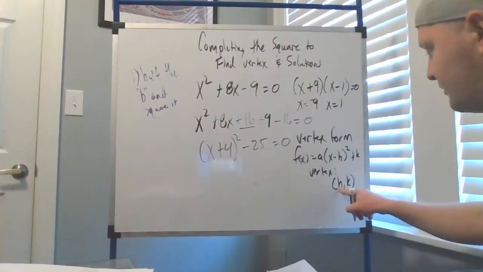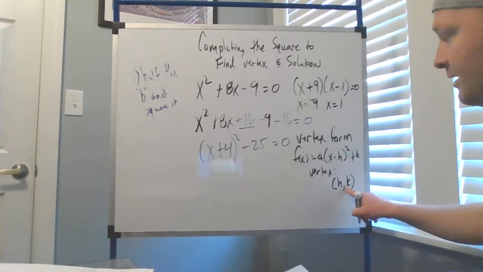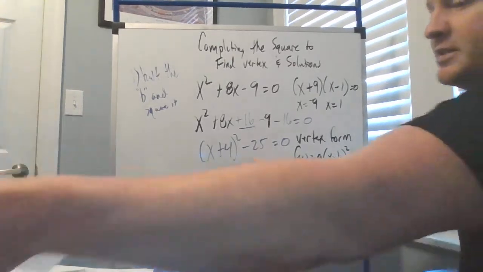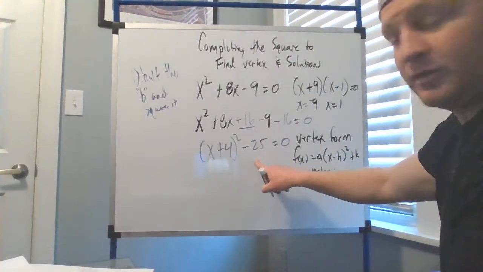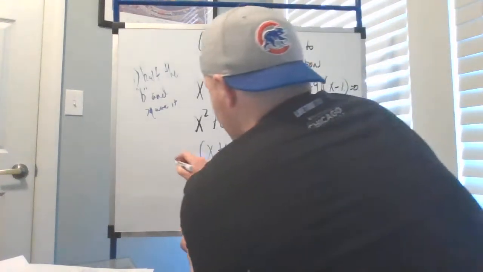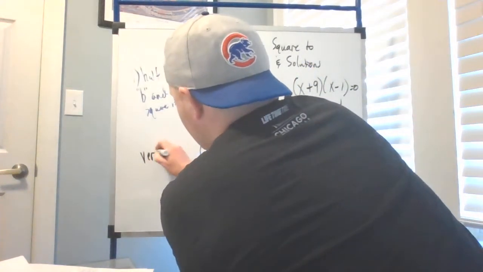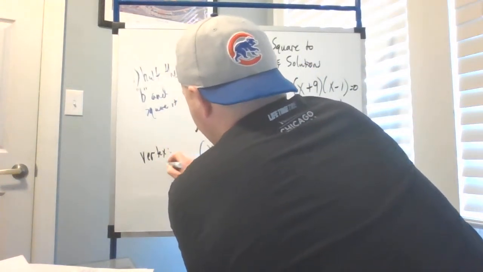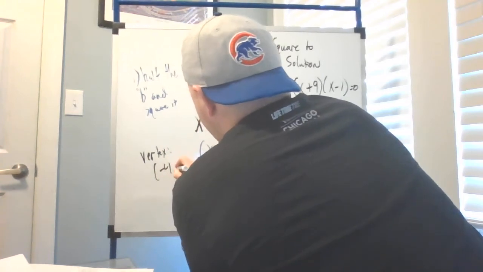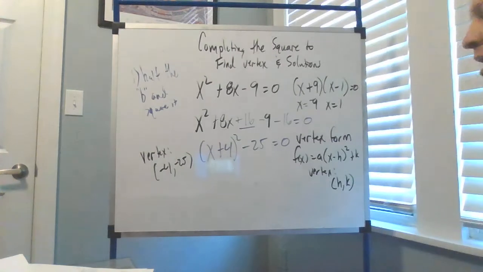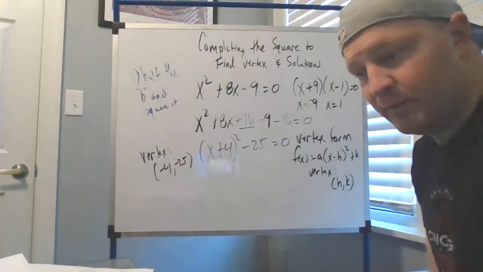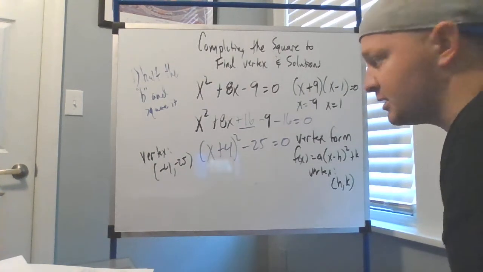The opposite of this comes right here, whatever this is comes right there. That's the vertex. So the vertex of this particular quadratic is going to be -4, -25. And I'll draw the general shape of this graph in just a little bit, just so you understand what this looks like.